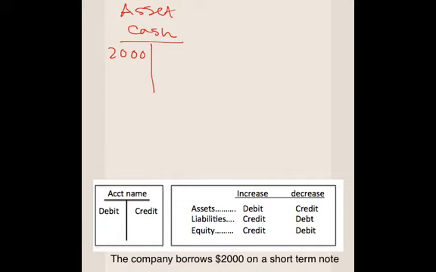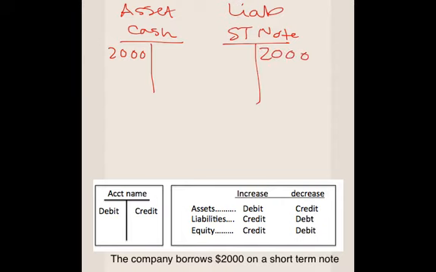Now we know we always have to have another transaction, and it says specifically here that it is in short-term notes. A note is a liability, which means we owe somebody something. The company owes somebody something. So in order to determine this, we look at an increase in liability, an increase in what we owe, which is a credit entry, $2,000.